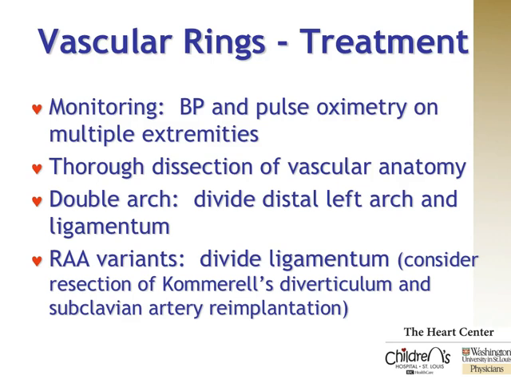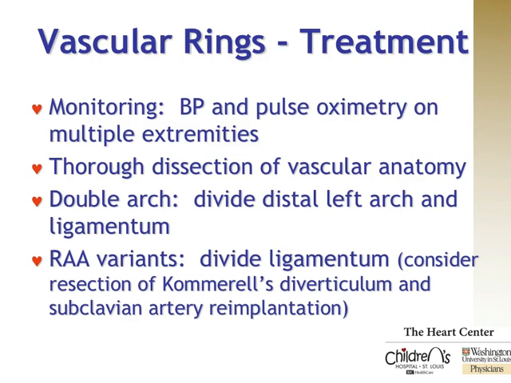In recent years, some folks have gone to routinely resecting the Kommerell's and doing a subclavian reimplantation. I've adopted that practice. In my mind, it doesn't add a lot of complexity or risk to the operation. And we know that there are some patients that will have persistent symptoms with simple division of the ligamentum due to that persistent presence of a large blood vessel coming around behind the esophagus.